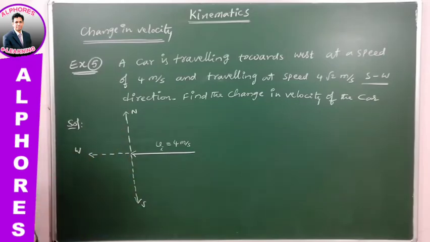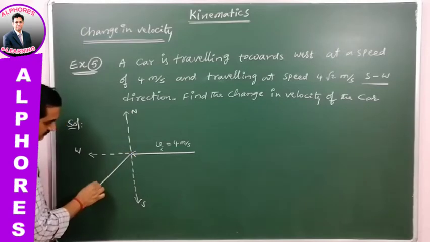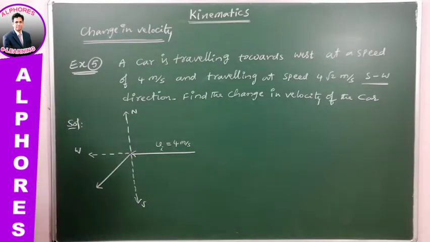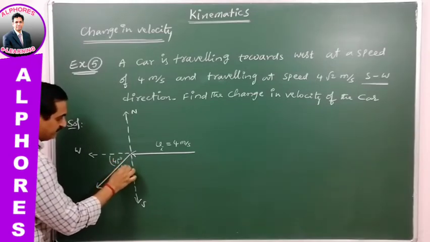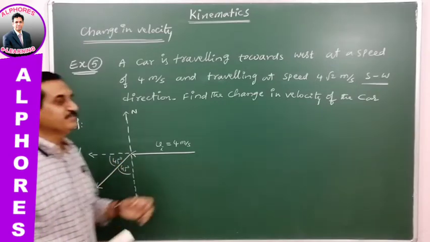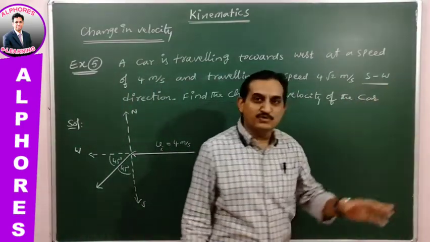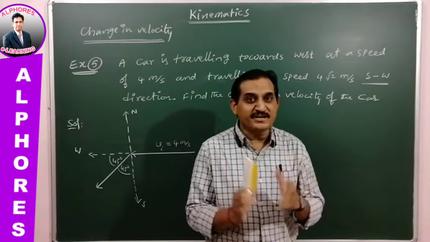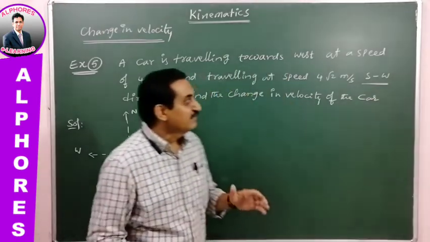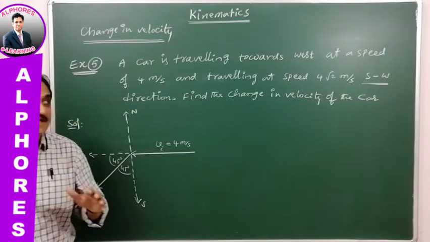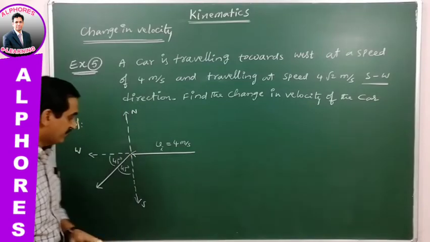See, this is southwest direction, exactly 45 degree here and 45 degree. Once a point is mentioned southwest, what does it mean? South and west both will have the same share in it, means the velocity which makes an angle 45 degree with south and also the same angle with west, 45 and 45.